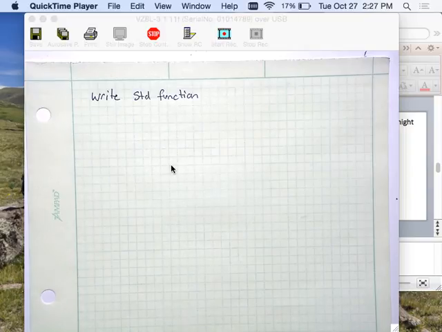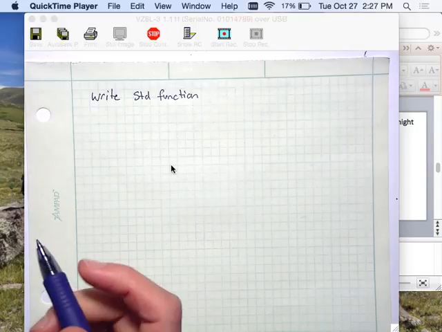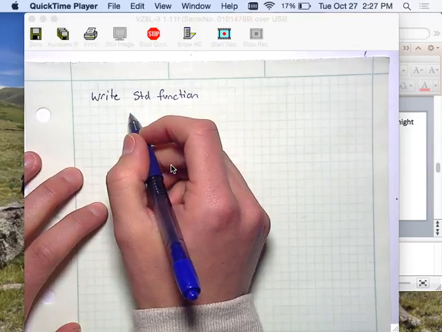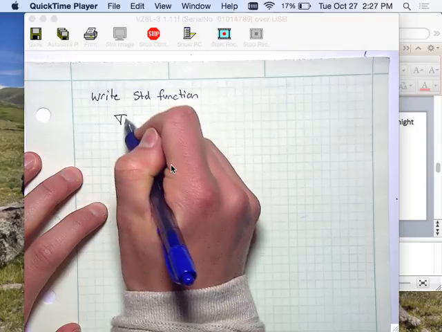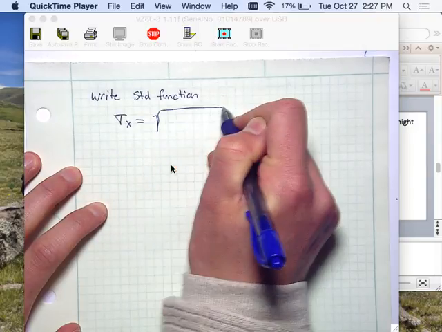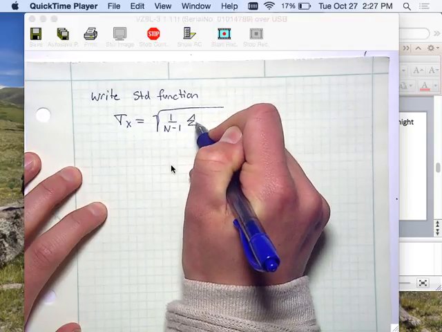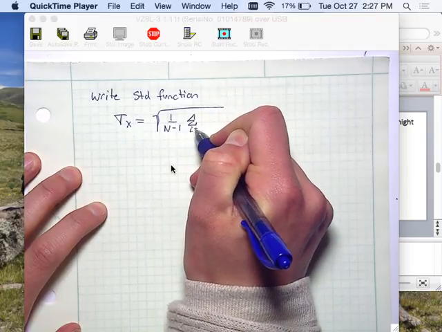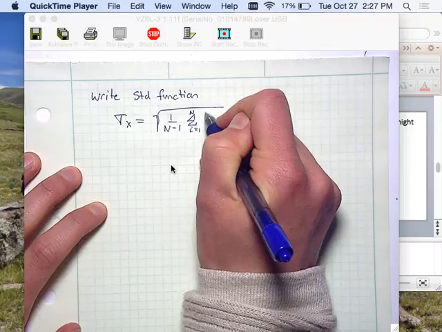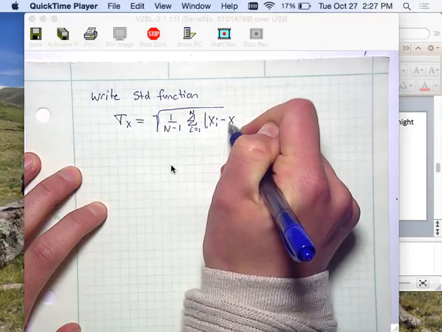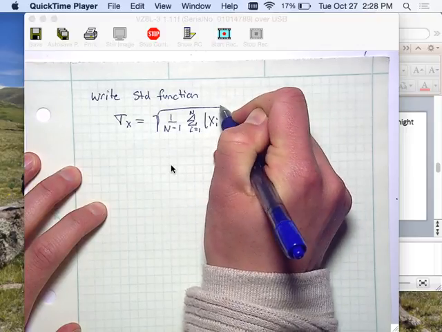So we're going to figure out how to do all this with MATLAB programming logic. So recall the formula, sigma x equals square root of 1 over n minus 1 times the sum of i equals 1 to n of (xi minus x bar) squared.